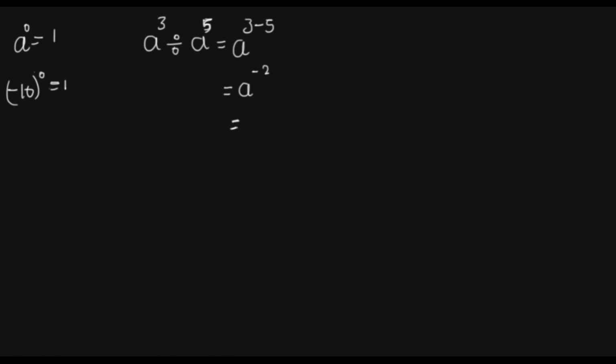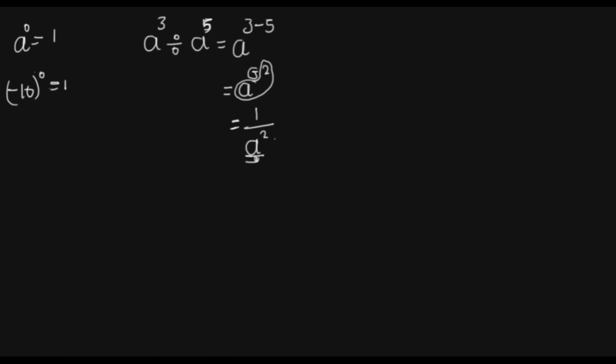Now there are sometimes where you are asked to leave your answer as a positive index, meaning we want the index or the power to be positive. So if you are converting a negative index to a positive index, we just say 1 over, so this negative becomes a 1, then the remaining part will go on the denominator side. So 1 over A raised to the power 2. So that is how to deal with a negative index in order to leave it as a positive index.